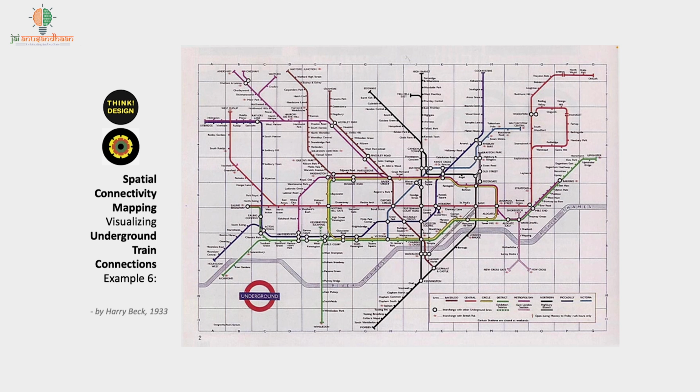Okay, and for that he did a very simple thing. He aligned these stations along the horizontals, verticals, and the diagonals. Okay, so it becomes extremely easy for somebody to locate it in that particular grid. It's not an exact representation of how it happens in real life, but it's a representation of that.